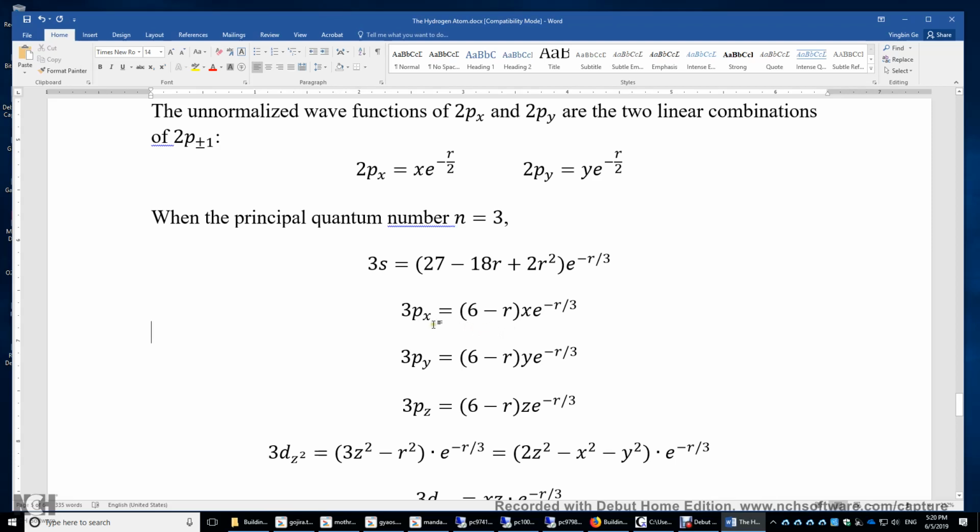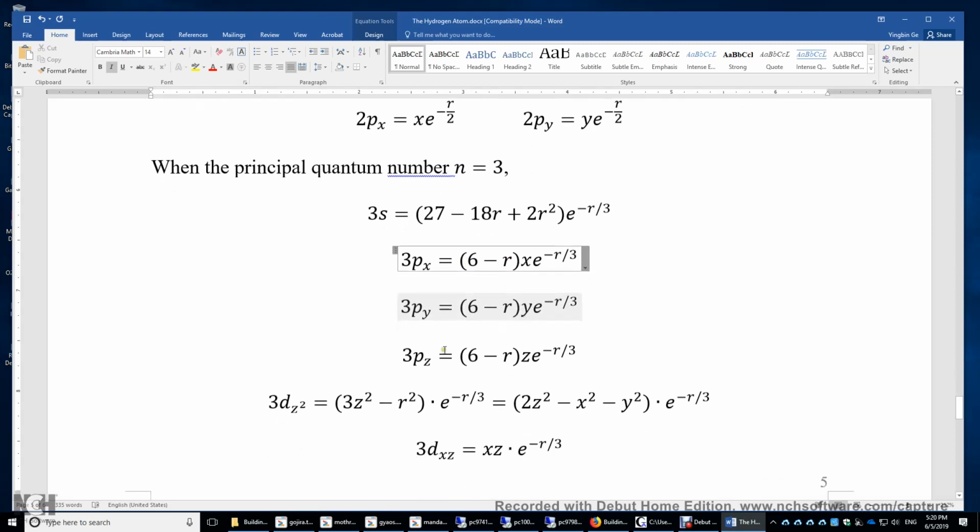And we can clearly see in this 3px there are two nodal surfaces. When x equals 0, this wave function becomes 0, so it's a plane. And then when r equals 6, this wave function is 0. That's a spherical nodal surface.